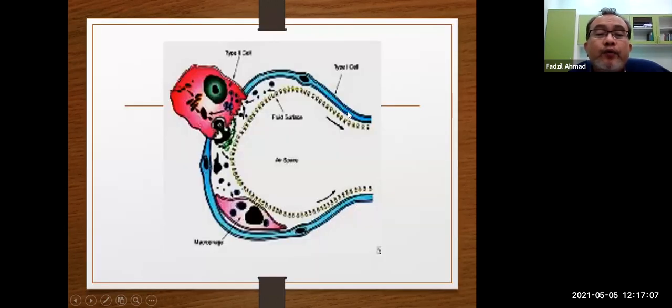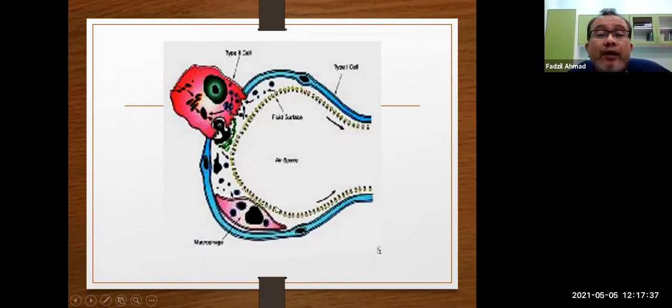It works at the interface between the fluid and air, reducing the surface tension here and preventing the alveoli from collapsing, so that gas exchange can occur at this region.